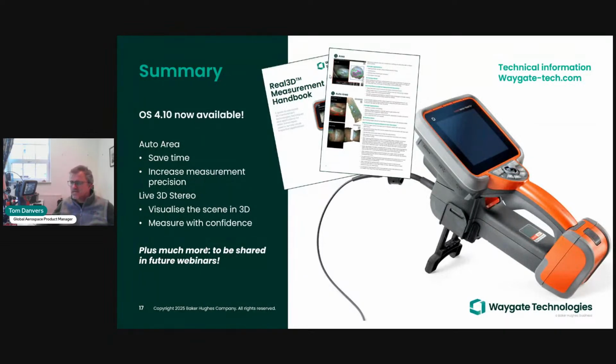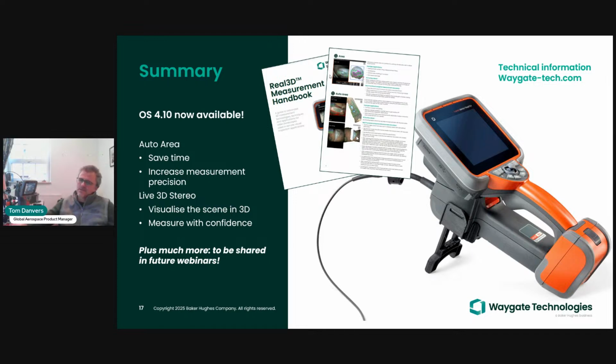I'm surprised I haven't mentioned it to date. We have upgraded the Real3D measurement handbook. This is our Bible in terms of it contains a lot of detailed information about everything associated with measurement. It's one of the key topics that we hold dear to our heart in Waygate Technologies, and to me personally.